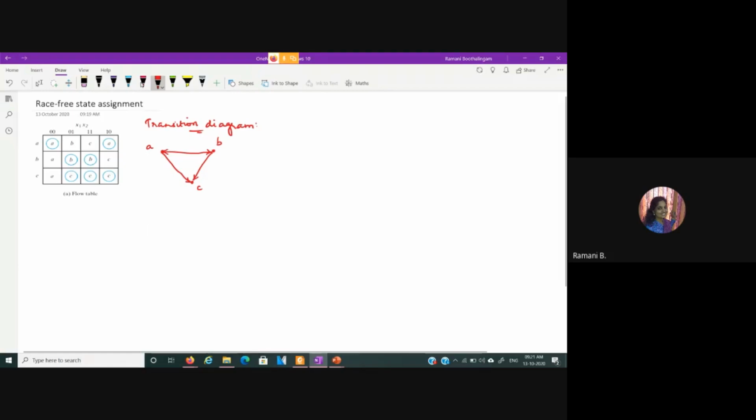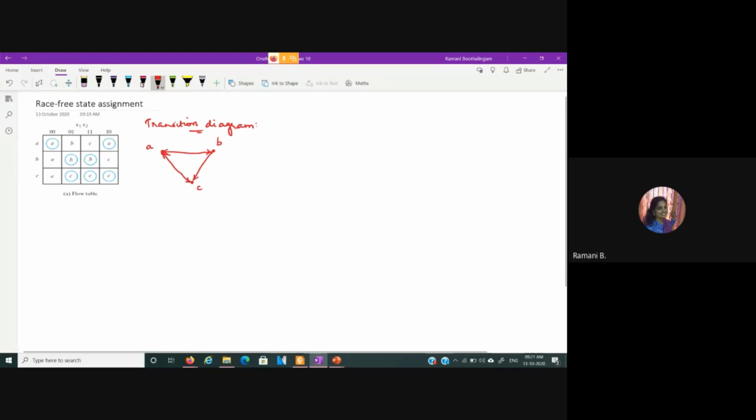And similarly for state C, when the input condition is 0, 0, I am going to state A. So this is also a bidirectional line. And in all the other cases I am in state C itself. So no issue.